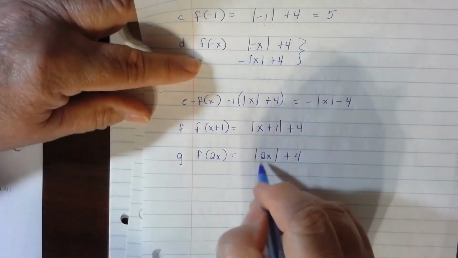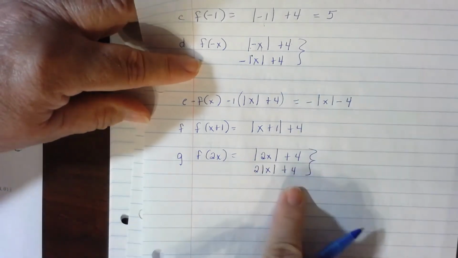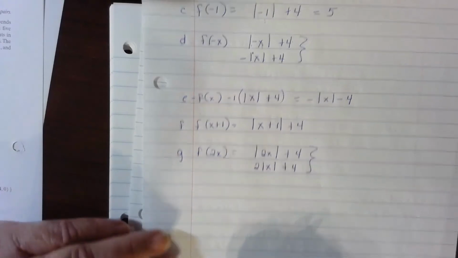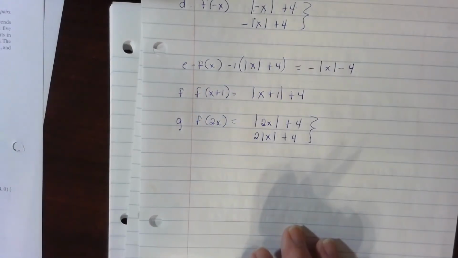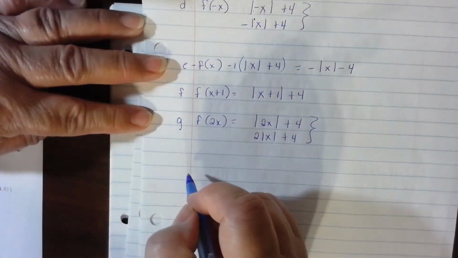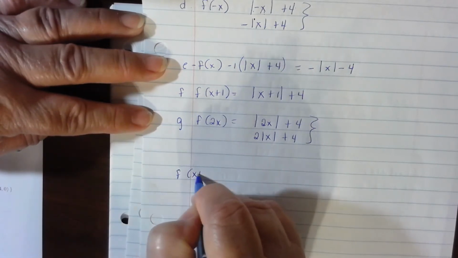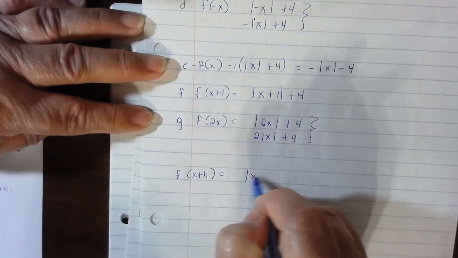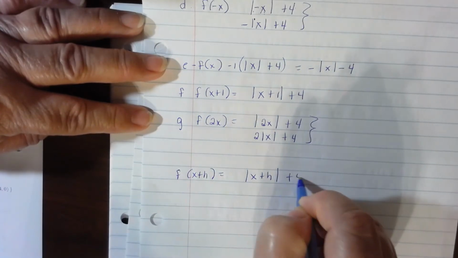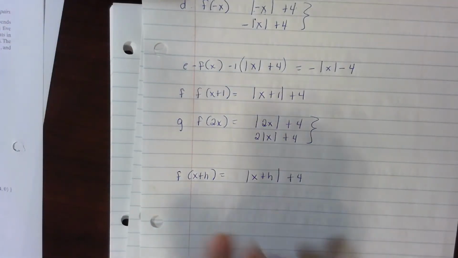It's true that you could pull the 2 out. So either one of those would be equivalent. And I'm not sure which one my math lab would want. I'll have to check on that and let y'all know. Alright, then the last part is f of x plus h. Well, all you can do is put x plus h there, and so that would be the end of that. Okay?